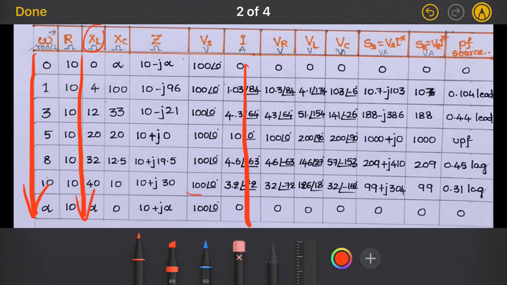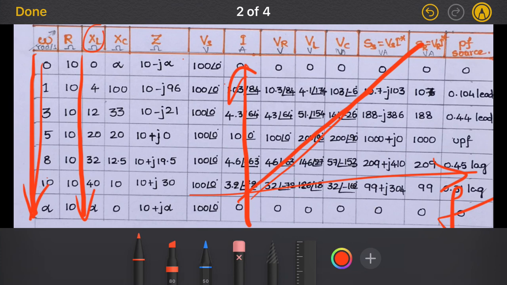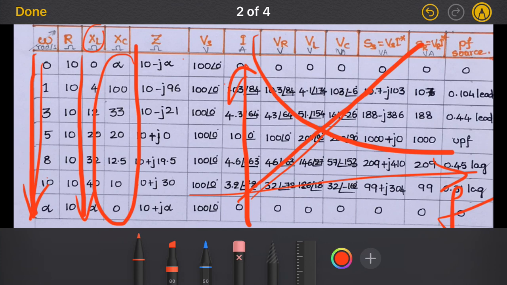This is frequency and this one is inductive reactance magnitude, continuously and gradually increasing linearly. While frequency is increasing, capacitive reactance magnitude is decreasing from infinite to 0. At one particular frequency, that is the resonant frequency, both inductive reactance and capacitive reactance magnitudes are equal.